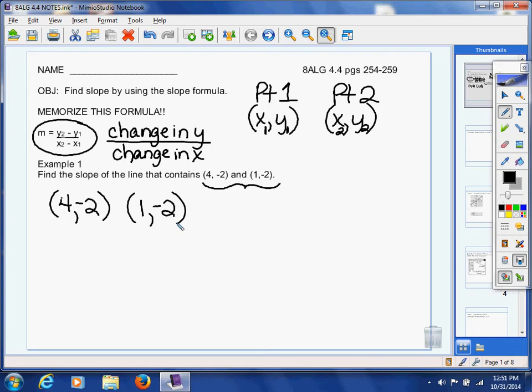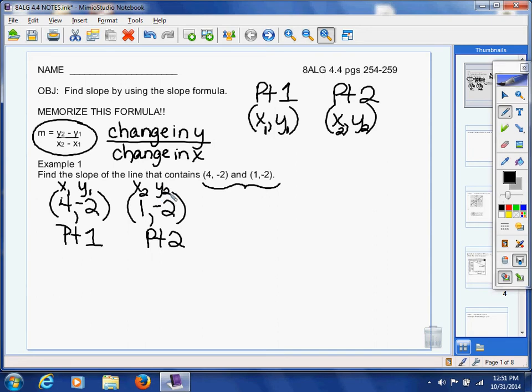And guys, it doesn't matter which one you call point 1 and which one you call point 2. Just pick one of them, okay? Now for this first example, I'm going to call this one point 1 and this one point 2. So for point 1, the 4 is going to be x sub 1 and the -2 is going to be y sub 1. And for point 2, x sub 2 is 1, y sub 2 is -2.